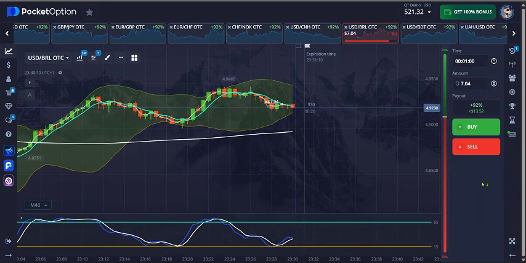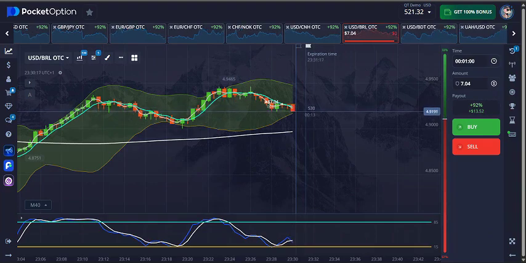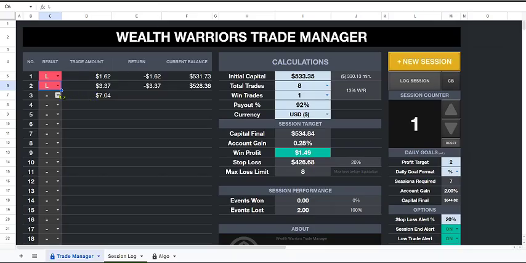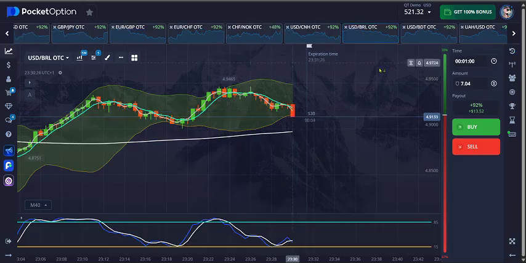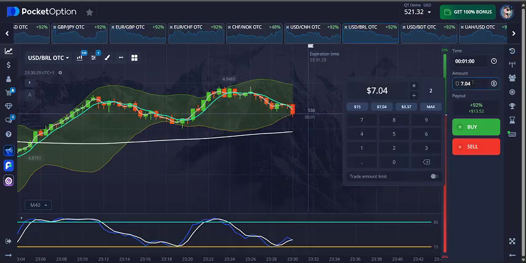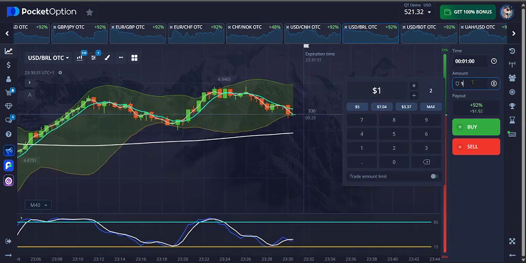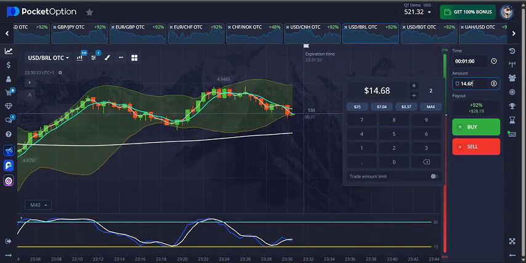All right, I think this is going to be a loss on our side, so we take it as a loss. So when I have a fourth trade, which is 14.68, you don't panic. 14.68.